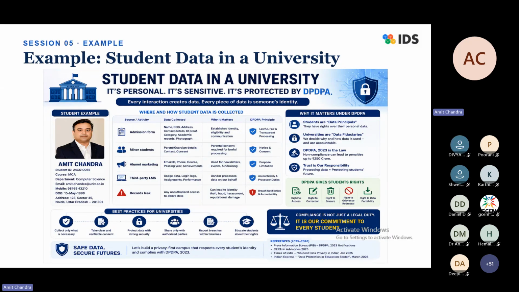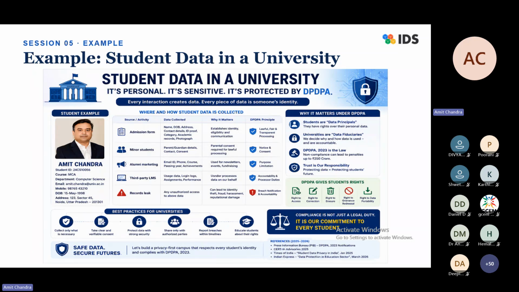Okay. So the best practice for a university will be to collect only what is necessary. It means don't collect unnecessary information, because it will be a kind of responsibility for you if you collect unnecessary information. So collect only what is required. Take clear and verifiable consent.